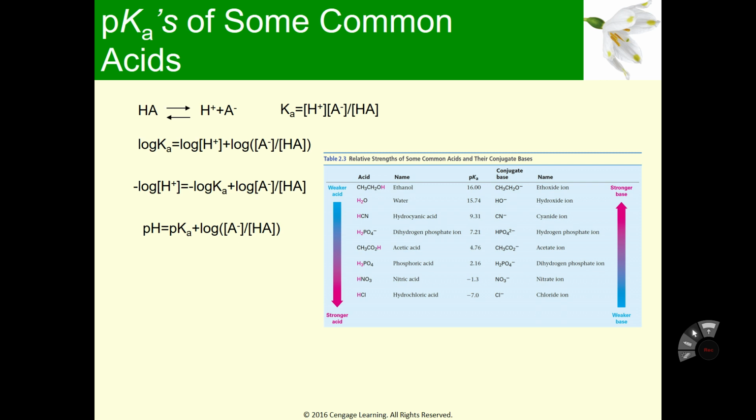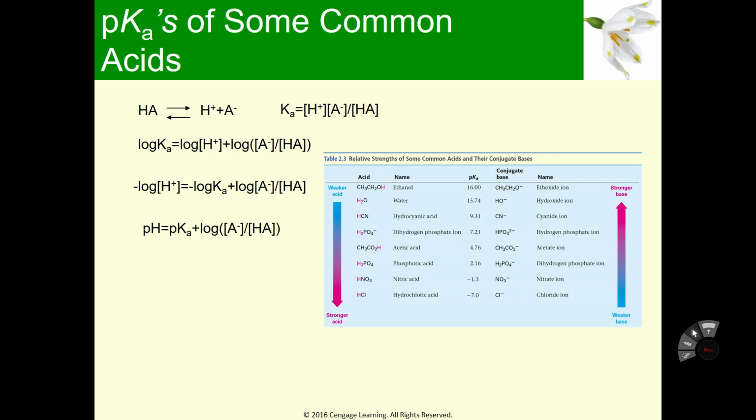Using the log function, you can easily convert the equilibrium constant equation to pH equals pKa plus log A minus over HA. This is called the Henderson-Hasselbalch equation, and this means pKa is constant.